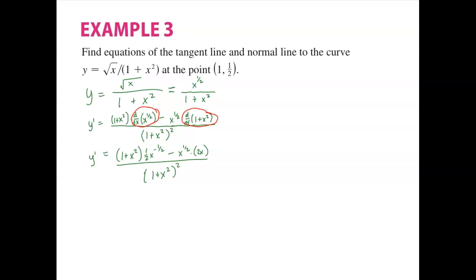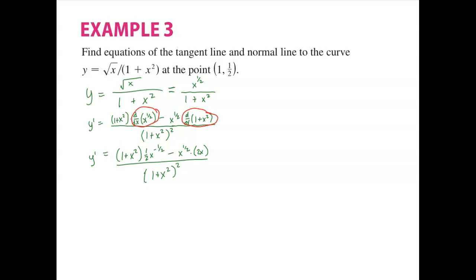All right. So that's my derivative. My derivative we're going to use to find the equations of first the tangent line and the normal line to the curve that we were given at the point 1, 1/2. So we always need 2 things to write the equation of a line, a point and a slope. We have the point.